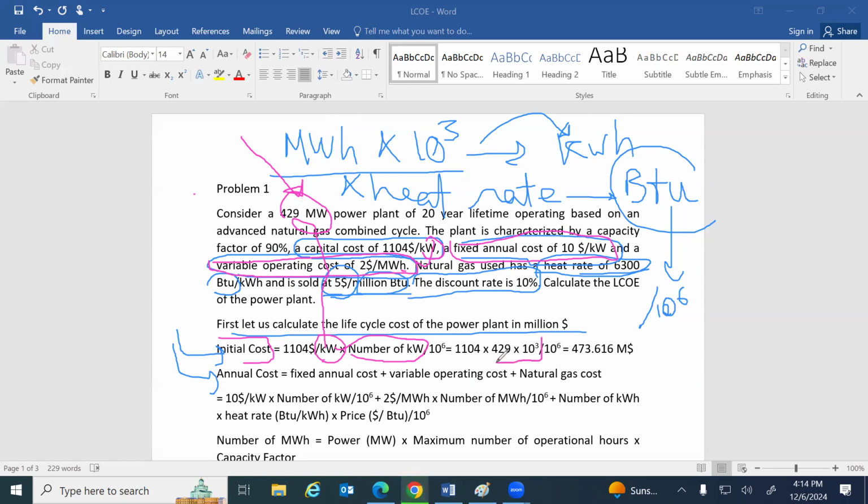So this is the number of power of our power plant. Now, why we divided by 10 to the power 6? Because we gave all numbers in $1 million because the numbers are huge. Okay. So to simplify here, we just divided by 10 to the power 6 to convert from dollar to $1 million.